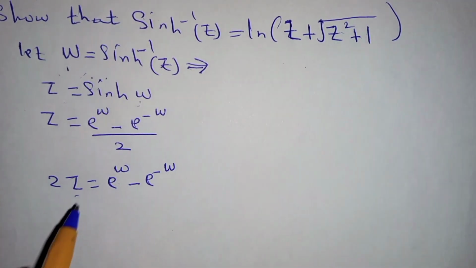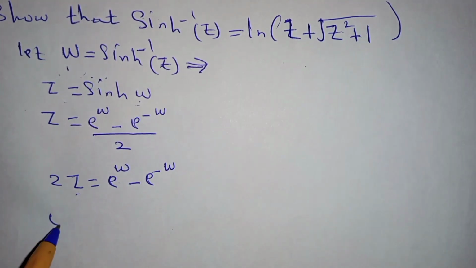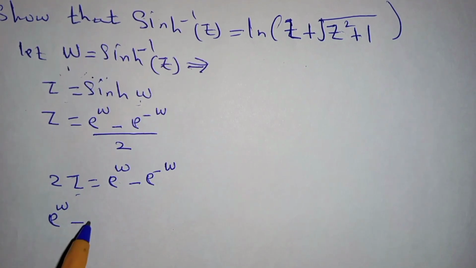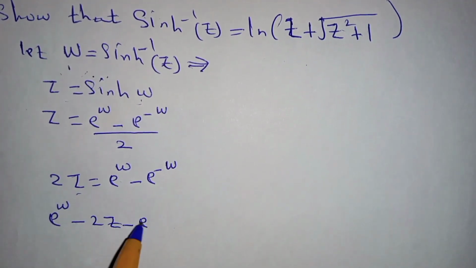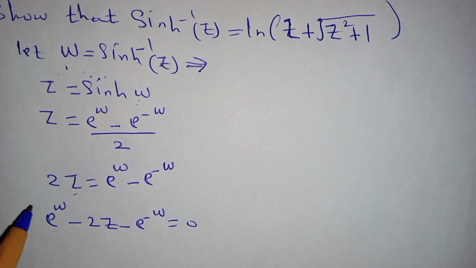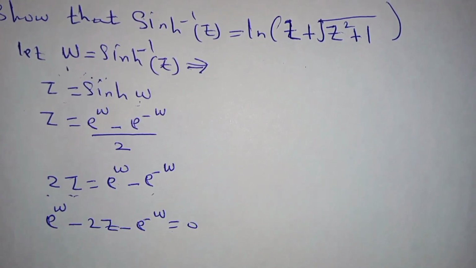You take 2z to the other side so that you get exponential w minus 2z minus exponential negative w is equal to 0. I have taken the 2z to the right hand side.